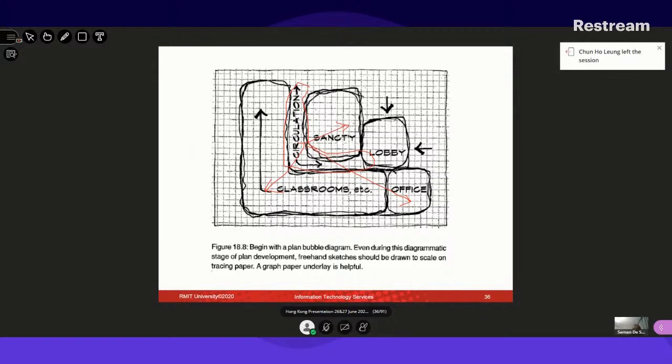So the bubble diagram is a way of allocating sizes, and they normally use a nice graph paper kind of thing so they can draw it to scale. They roughly know that each of these little small squares equals whatever the dimension is, and then he or she can play with it quite easily.